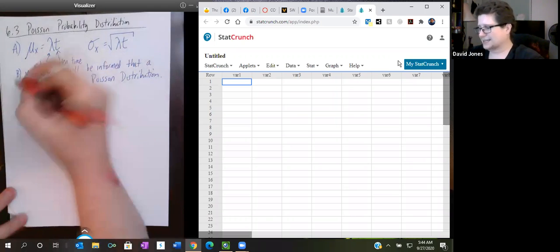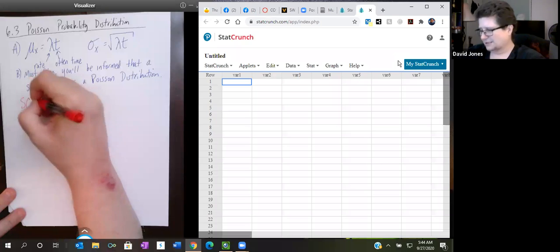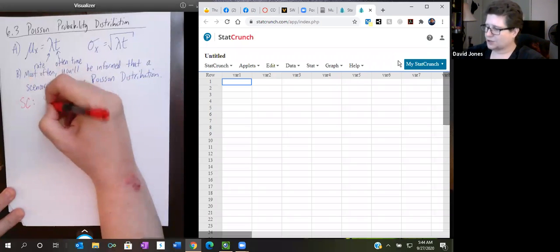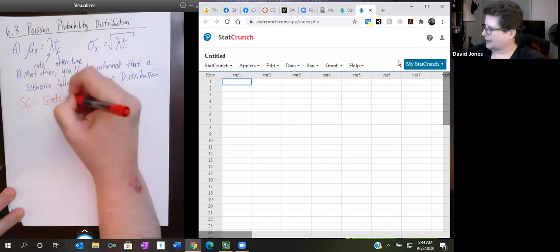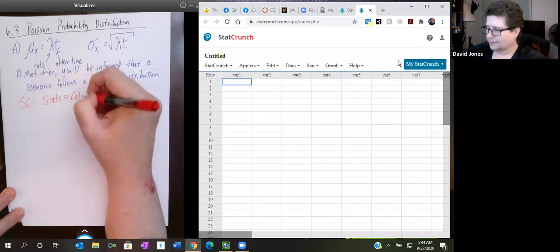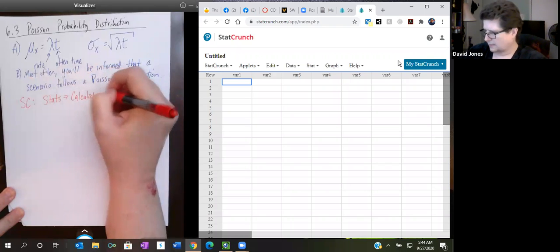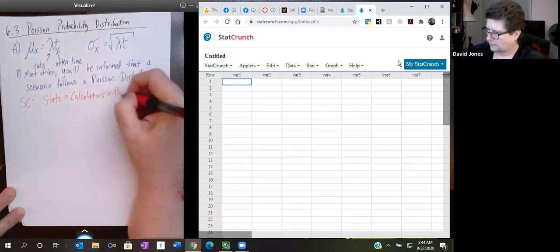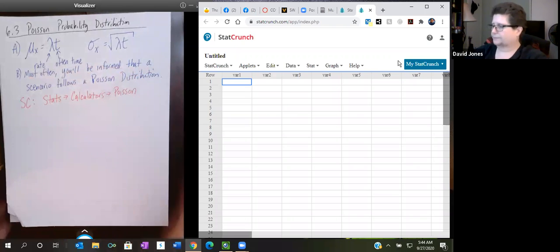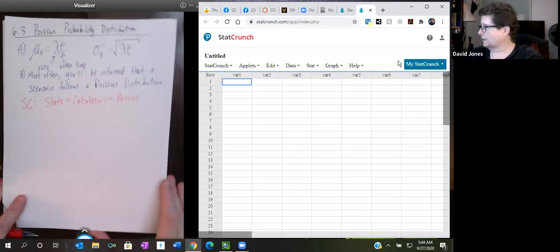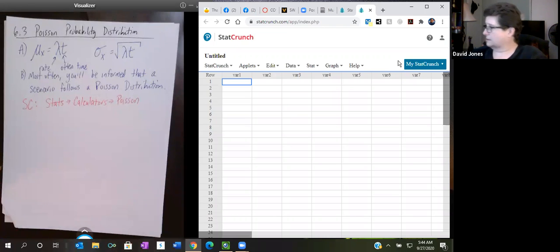What you need for this section to remember is the Statcrunch commands are stats, calculators, Poisson. All right, so let's dive into it.